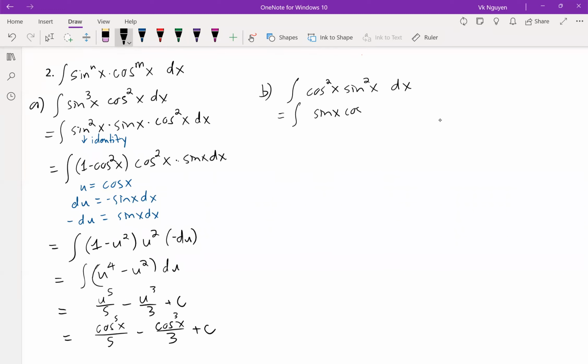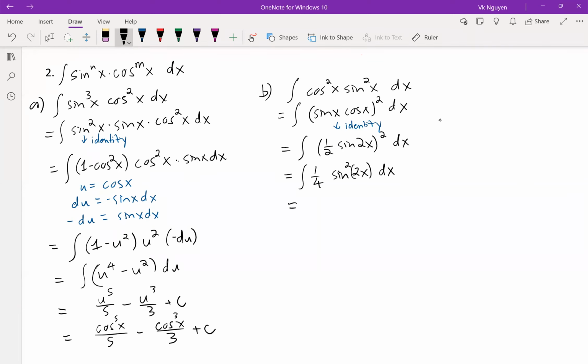Sine x cosine x to the power 2 dx. Use the identity, and we have the integral of (half of sine 2x) squared dx. So this is the integral of 1/4 sine square 2x dx.